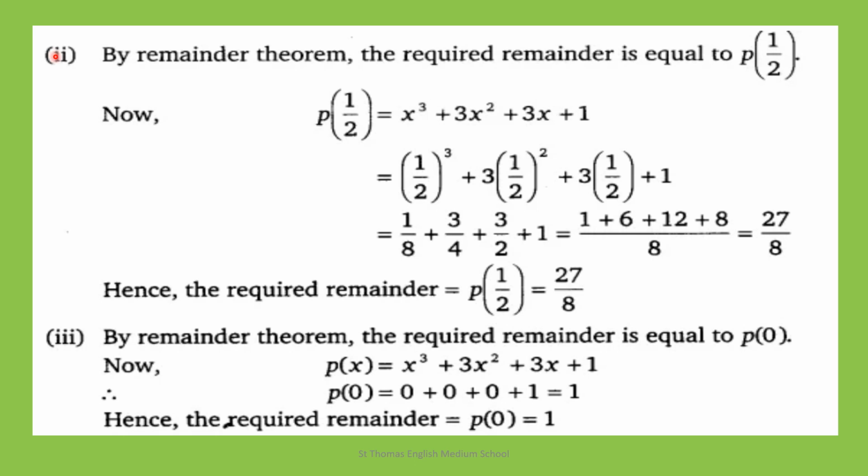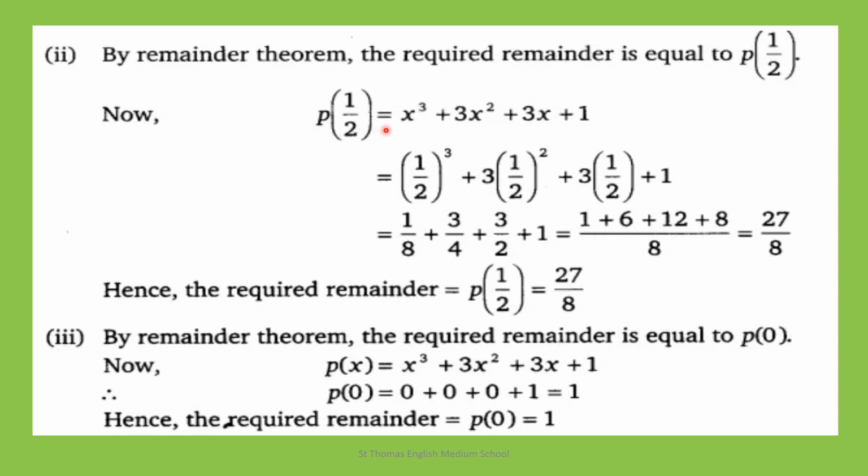Now, in question number 1, the second one is you have to get the remainder when p of x equal to x cube plus 3x square plus 3x plus 1 is divided by the linear polynomial x minus 1 upon 2. What will be the remainder? Then by remainder theorem, remainder will be p of 1 upon 2, that is, you are replacing x by 1 upon 2.